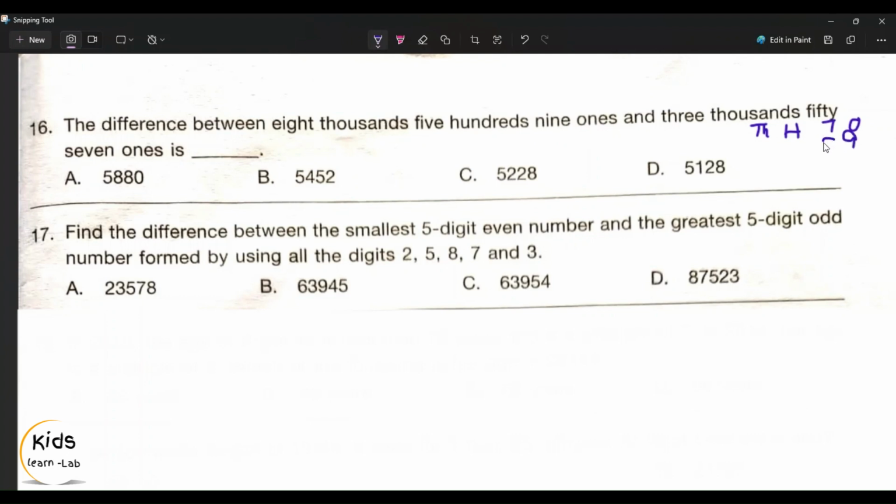Tens place is not given, so 0. Hundreds place is 5. Thousands place is 8. Difference means minus, so minus symbol. The next number is 3 thousands, 57 ones. 57 ones is nothing but 57. Hundreds place is not given, so put 0. Thousands place is 3.